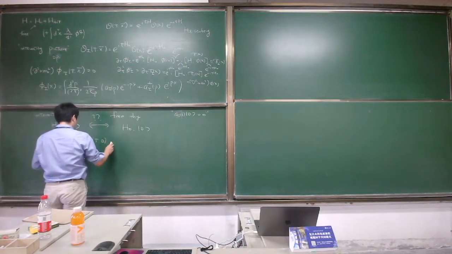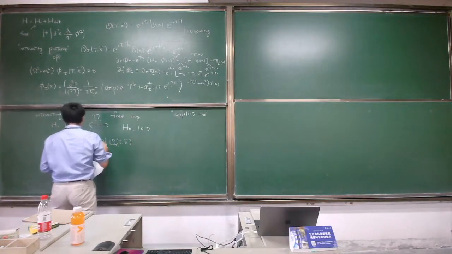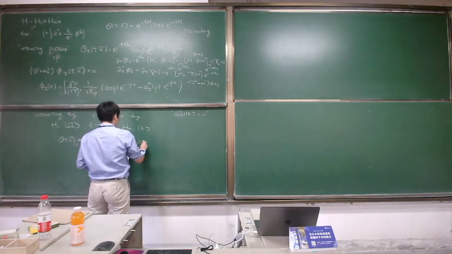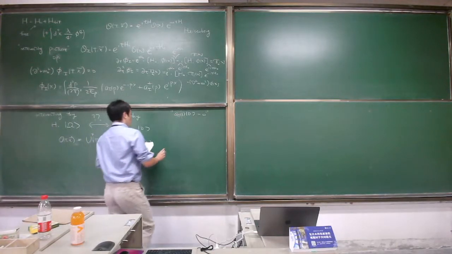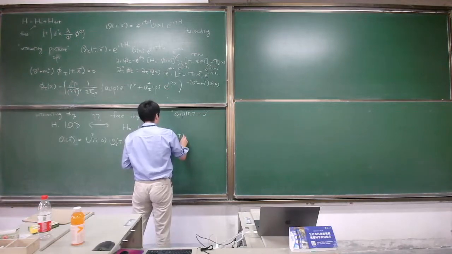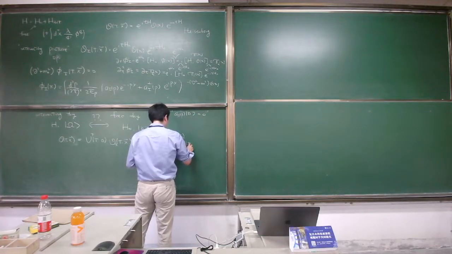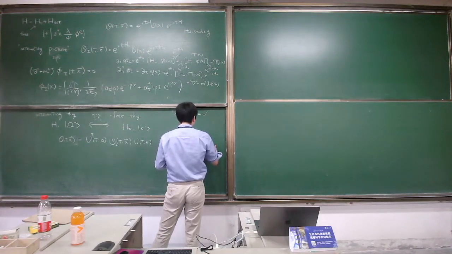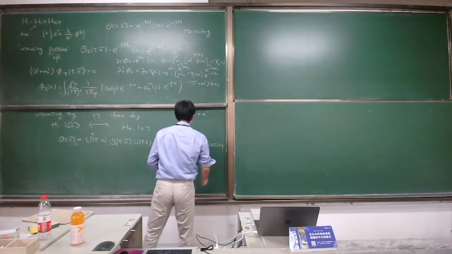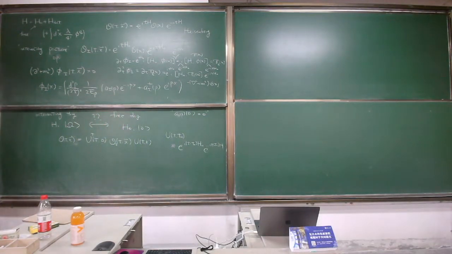Where U(t, t0) is equal to e to the i (t minus t0) H0, and e to the minus i (t minus t0) H. Okay? So that's the definition of the U operator.